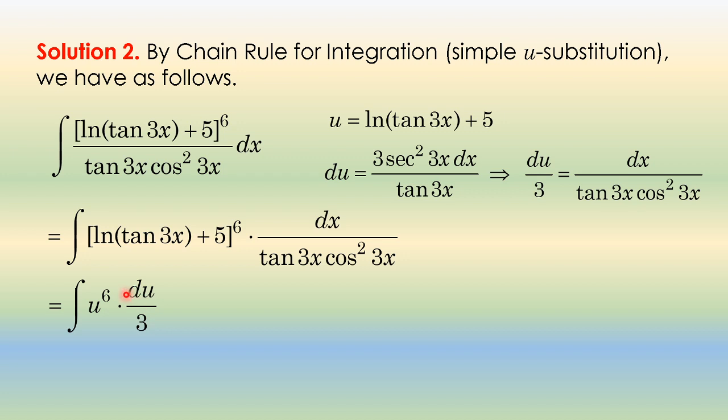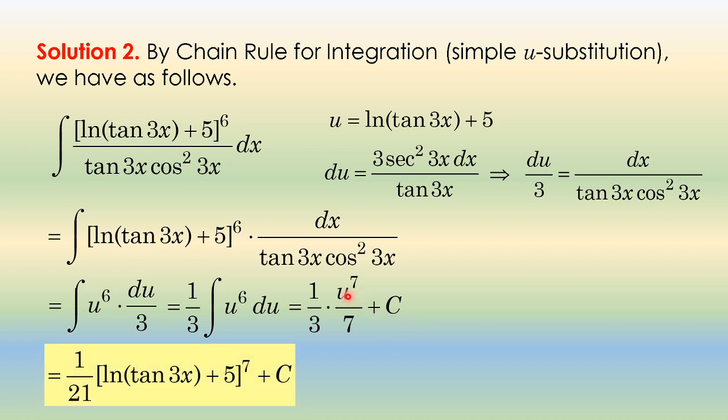So let's move 1/3 out of the integral sign. The integral of u to the n du, the answer is u to the n plus 1, so that is u to the 7 over 7 times 1/3 plus c. Let us express this in terms of the original variable, x.